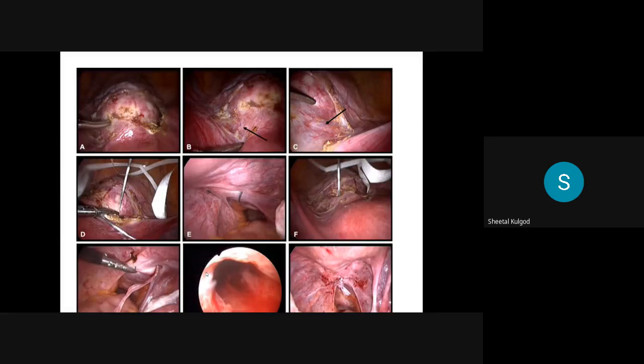Another method for the cervical stitch is abdominal. They even do it laparoscopically. These pictures show how it is done in the abdominal procedure, that is the abdominal cervical stitch.